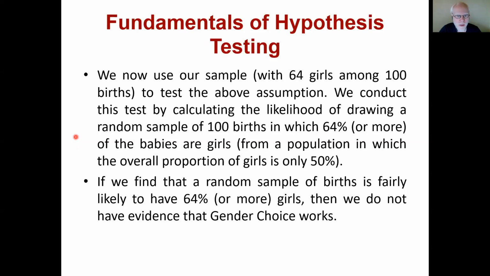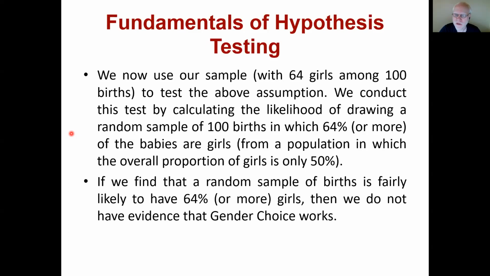We'll come back to this later, but you may already be seeing, based on last class, where this is going. We've got a population, and we're making an assumption that it has a mean, or a proportion, of 50%. Then we've got one sample among all the possible samples with a certain value of 64.